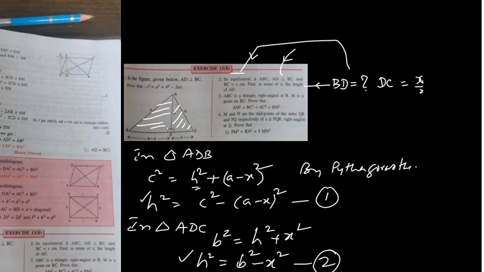The median will make it into two equal parts and all the things we said. Then the converse, in an equilateral triangle, if there is a perpendicular drawn, then that's the converse. So BD is equal to BC by 2.